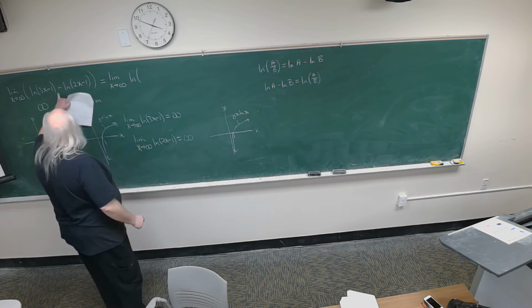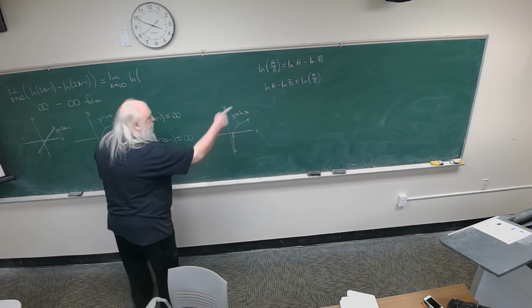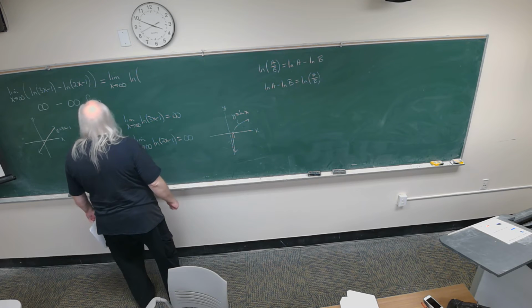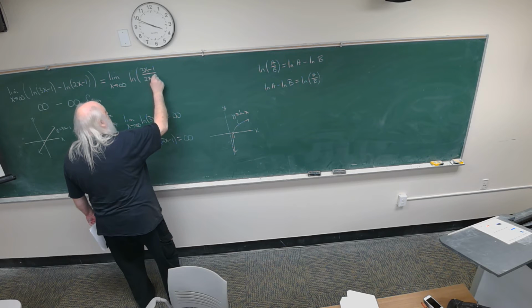So this difference in natural logs from the quotient rule can be written as the natural log of 3x minus 1 over 2x minus 1.